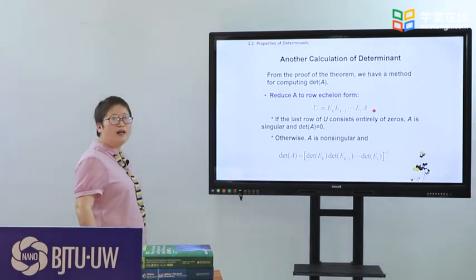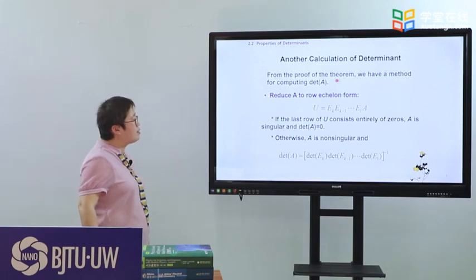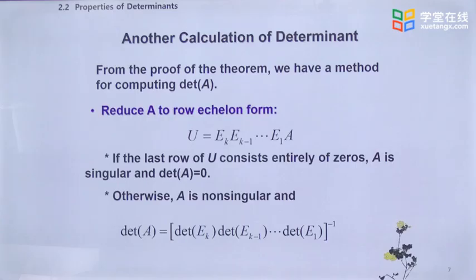So immediately you have determinant of A equals 1 divided by determinant of E_k, determinant of E_{k-1} till determinant of E_1. So it's the inverse of this multiplication of determinants.